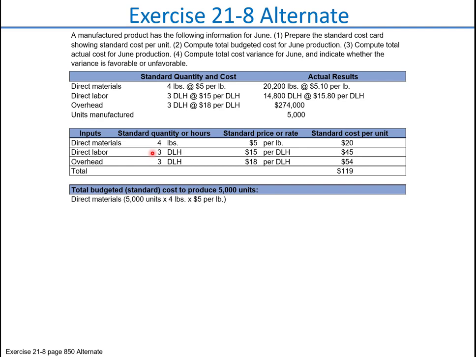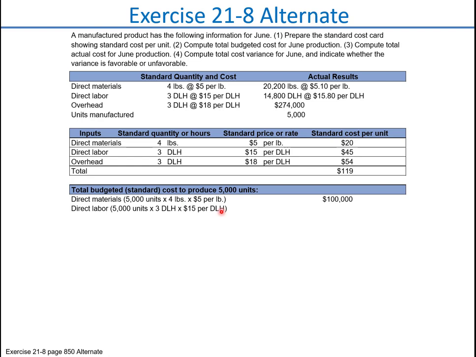They produced 5,000 units. You can see that here. How much should it take to make 5,000 units? 5,000 times 4 pounds for direct materials times the standard of 5. So it should take $100,000 for materials.